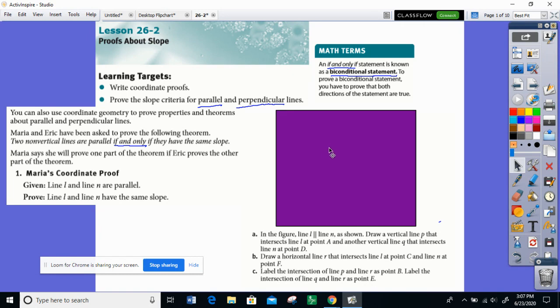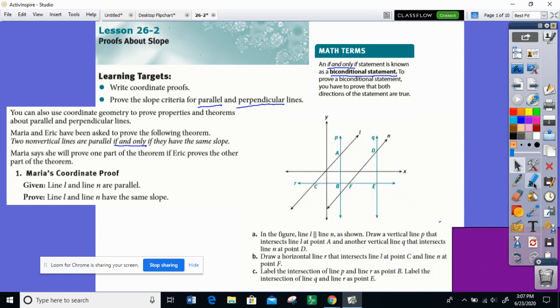Here we have a picture where line L is parallel to line N. So let's go ahead and mark those two lines as parallel. Okay, so we've got a vertical line P that intersects line L at point A. We've also got a vertical line Q that intersects line N at point D right here.